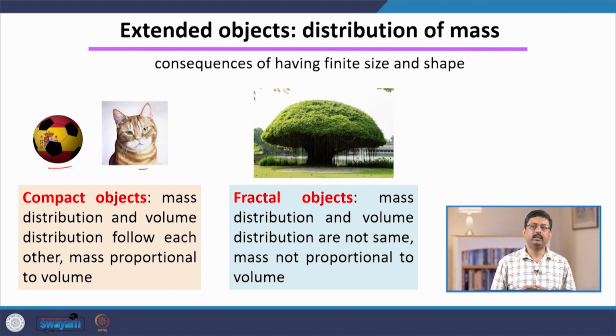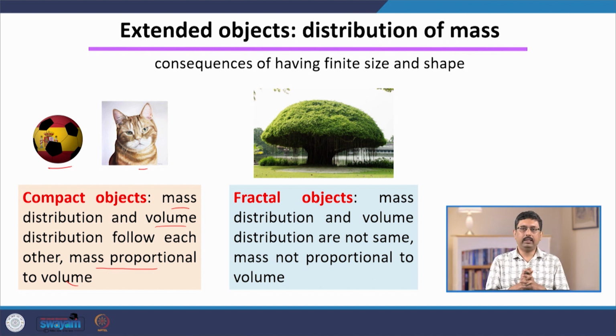These have more or less uniform density, so the distribution of mass and the distribution of volume are roughly proportional to each other. The mass is proportional to the volume. If you take a bigger cat, its mass will be bigger. If the volume of the cat increases by a factor of 2, you expect the mass will also increase by a factor of 2.